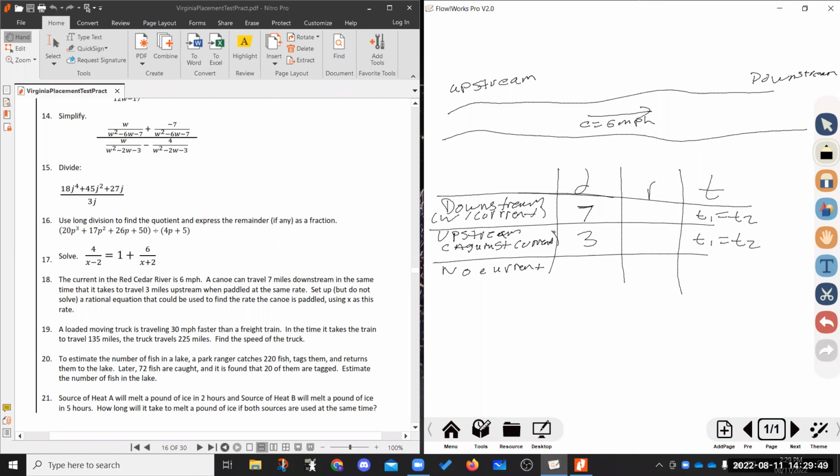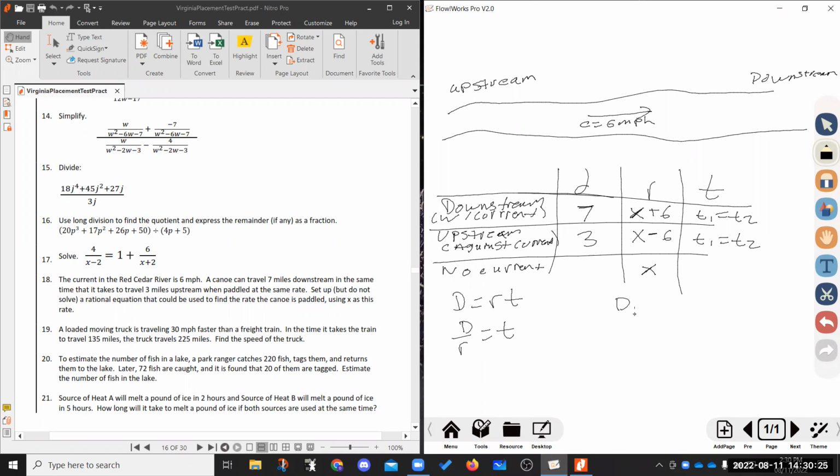It's important. Our rate here is going to be the speed of the canoe, whatever it is, plus I have the current helping me. And we'll figure out in a minute what this is. And it says set up but do not solve. Use X as the rate. So we have distance is equal to rate times time. I need to solve for time since time is what is the same.